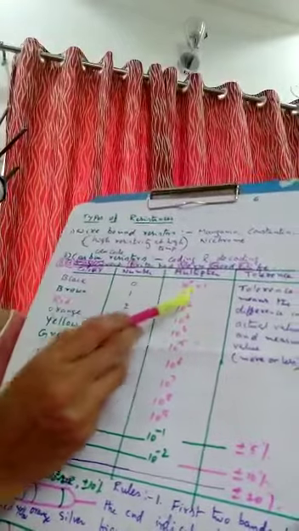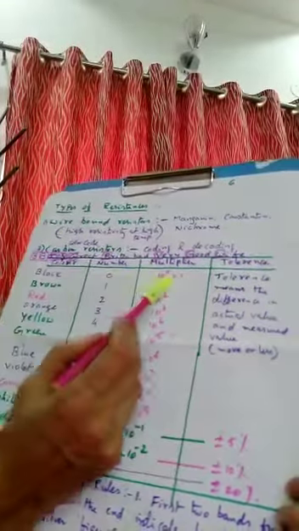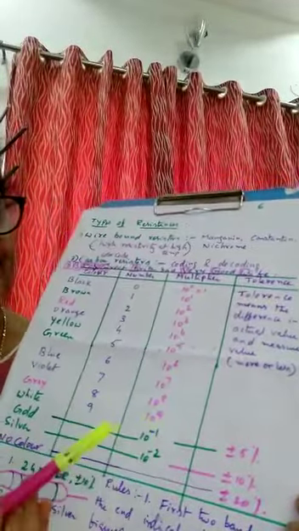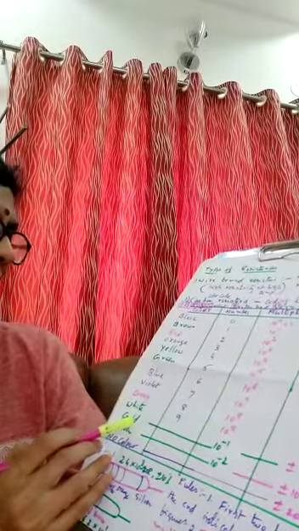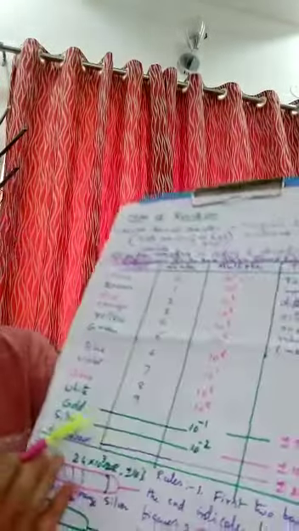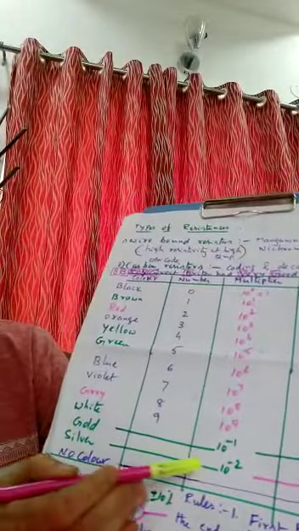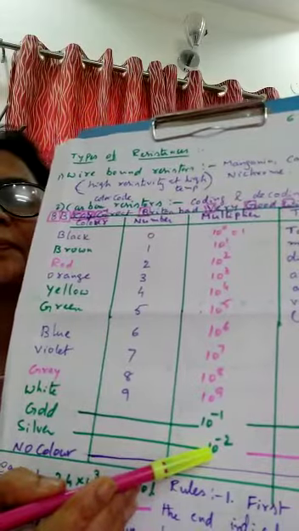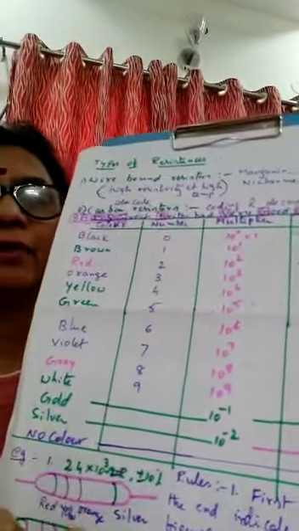The first one is 10 raised to 0, then 10 raised to 1, then 10 raised to 2, 10 raised to 3, and so on till 10 raised to 9. For gold it is 10 raised to minus 1, and for silver it is 10 raised to minus 2. And no color, I'll tell you what that is.